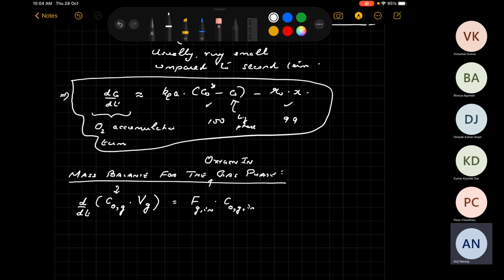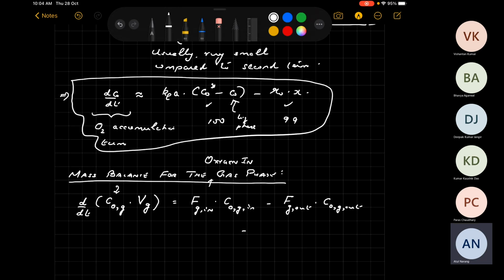That's why we'll simplify it in a minute. You also have gas going out, so you write that as F_G out multiplied by C_O,G out.